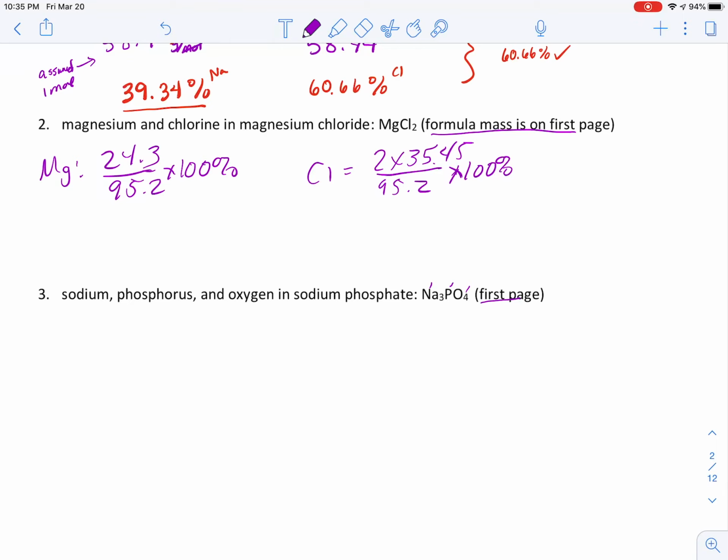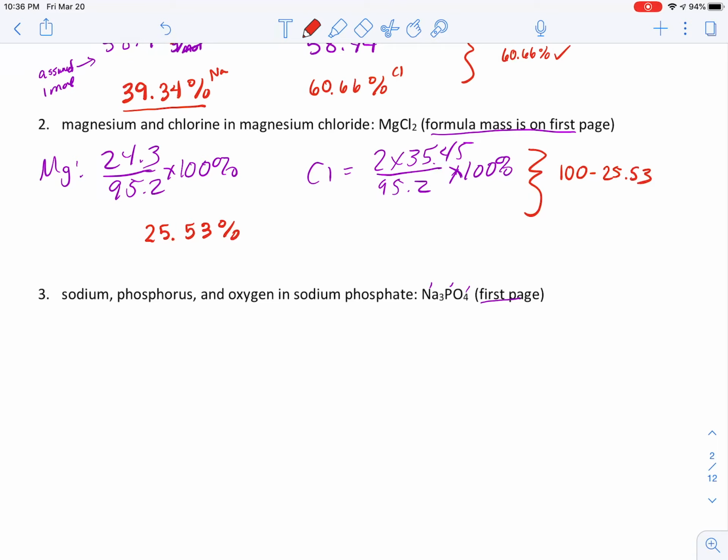Alright, so I'm going to grab those numbers and put them in my calculator. 24.3 divided by 95.2 times 100. That gives me 25.53%.